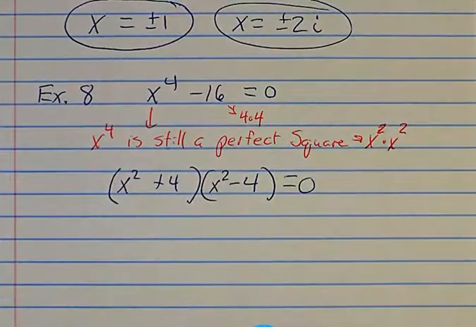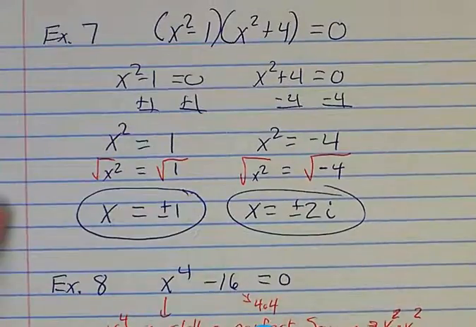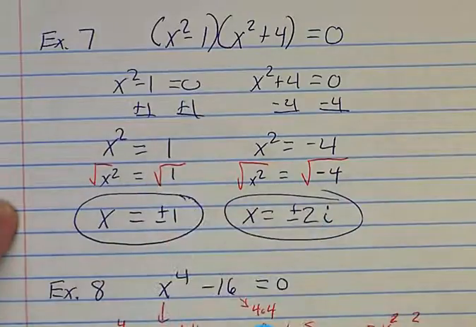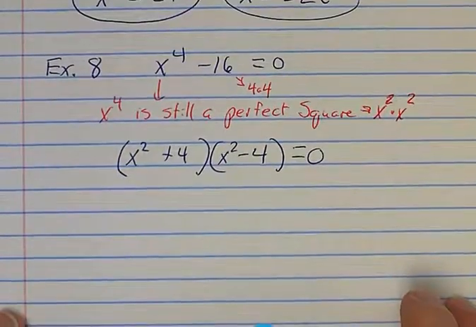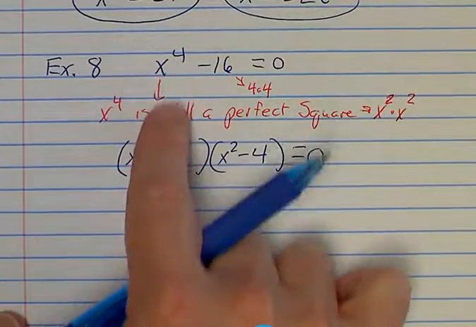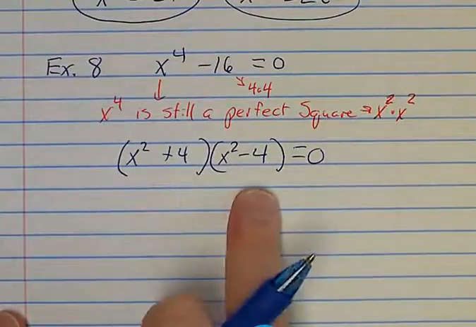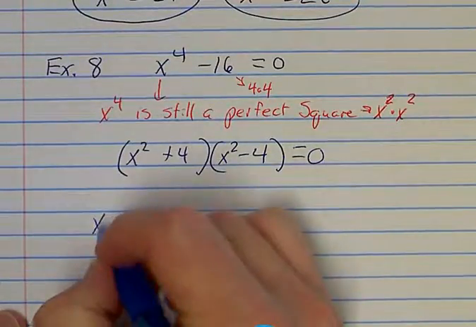And once you got it down to x squared, well, now it's like the problem we had on example 7. If you get it down to x squared, you can just set both of those x squareds equal to 0 and solve the two things. So this one takes you that one extra step to get there. We start with x to the 4th, and once we break that up as two perfect squares of x squared and x squared, now we've got this, and now you can separate the two parts.